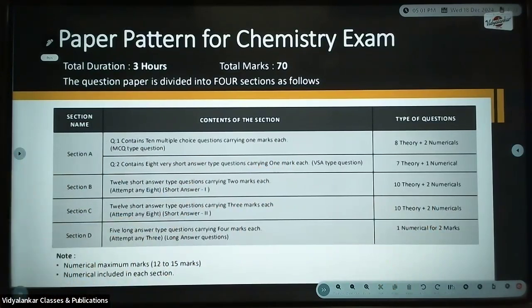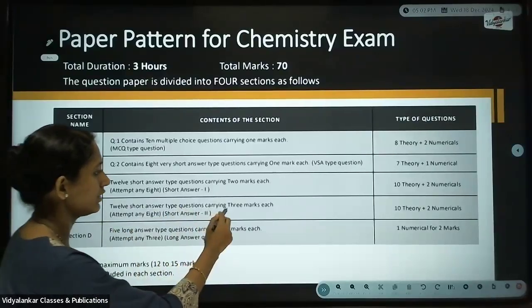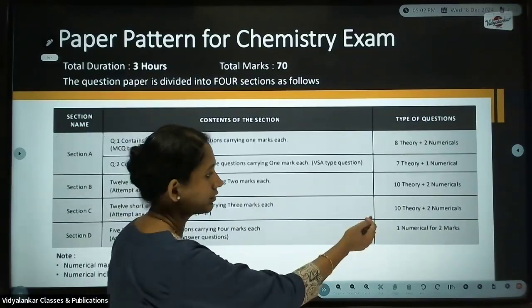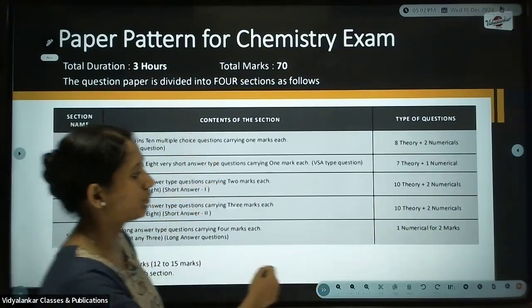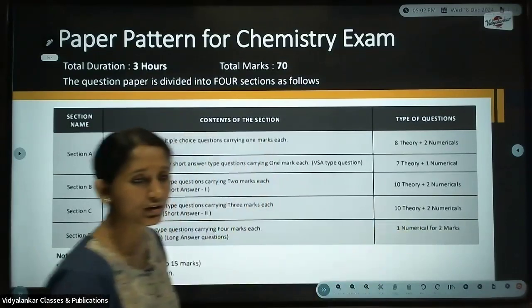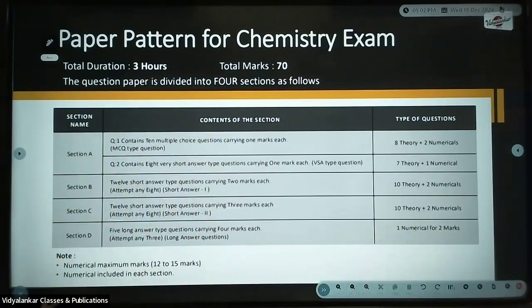These are short answer type questions, type 2, where each question carries 3 marks, and again you are expected to attempt any 8. From previous year papers, we know that almost 10 questions come from theory and 2 from numericals.